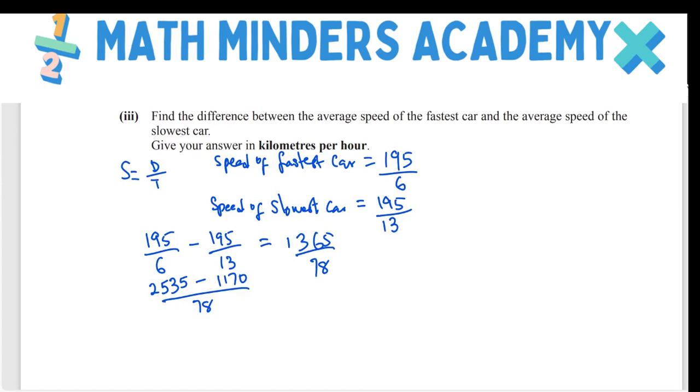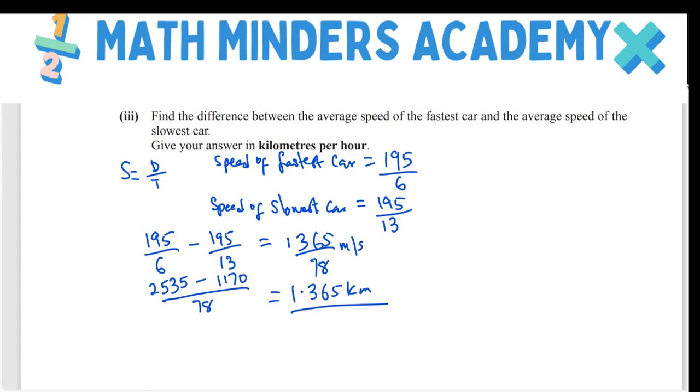Okay, now this is in meter per second. If we want to convert, the numerator is in meters. If you are converting that numerator in meters to kilometers, you divide by 1,000. So it gives us 1.365 kilometers.